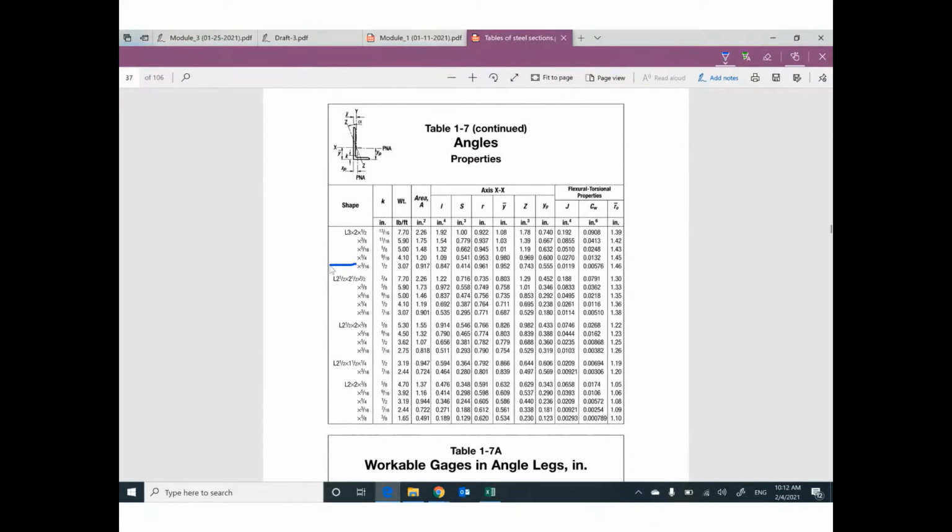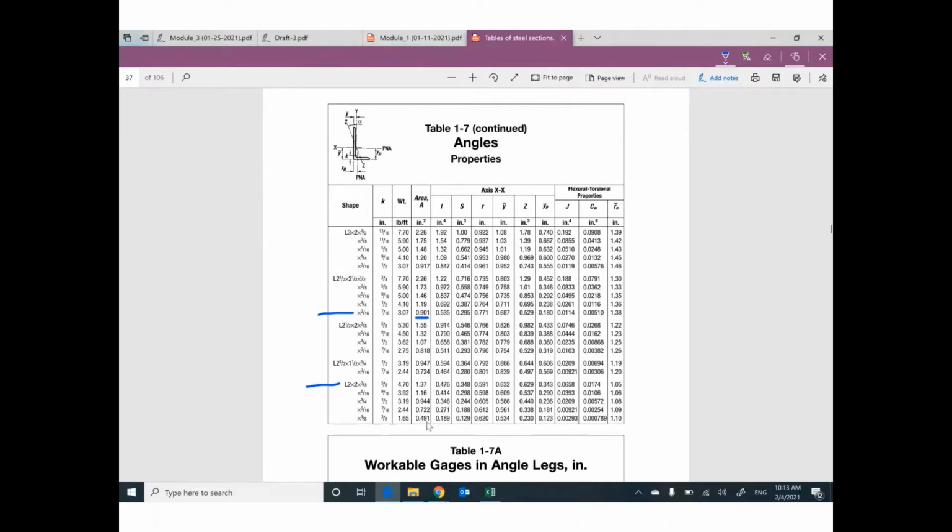This cross section will fit: 2.5 times 2.5 times 3/16. The area gross will be 0.901. We have a smaller angle, 2 by 2, and a smaller area gross.